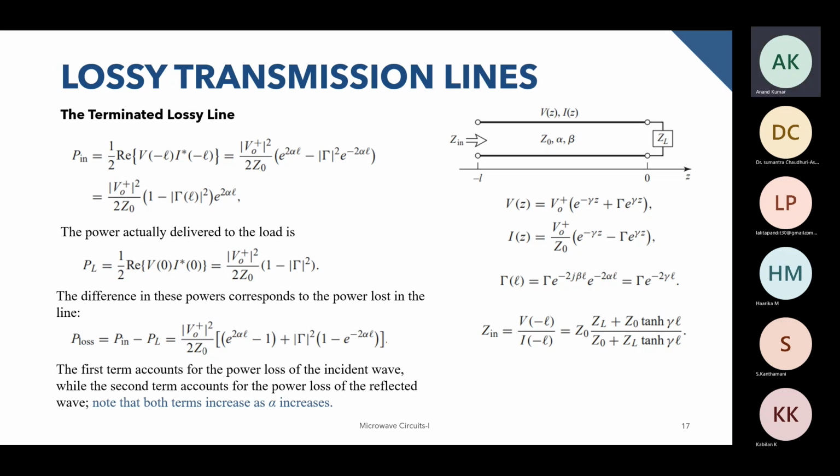Any follow-up question on that? Yes, in that case, beta will become zero and we won't have any propagation. Essentially, the transmission line won't be acting as a transmission line because the two conductors are too far apart. We won't have any waves propagating through it.